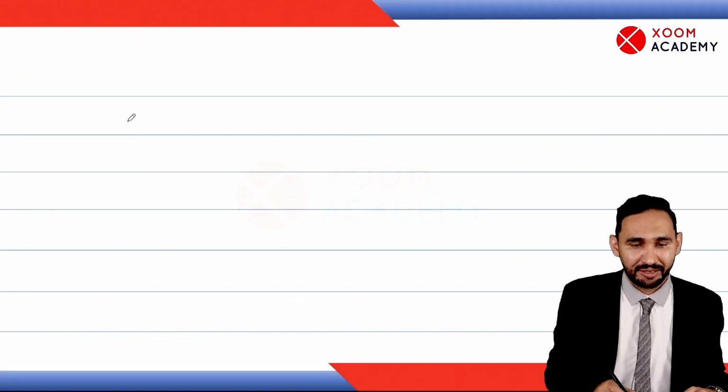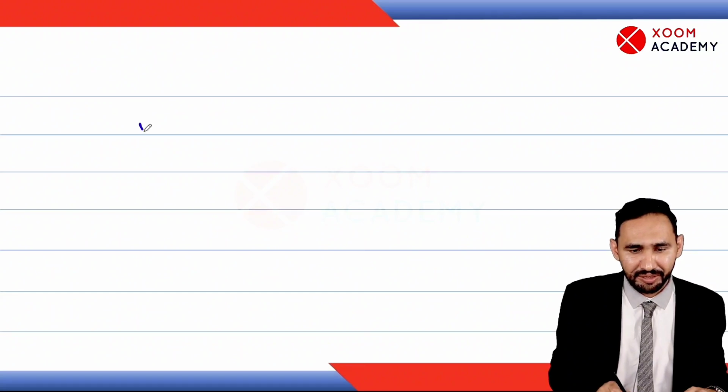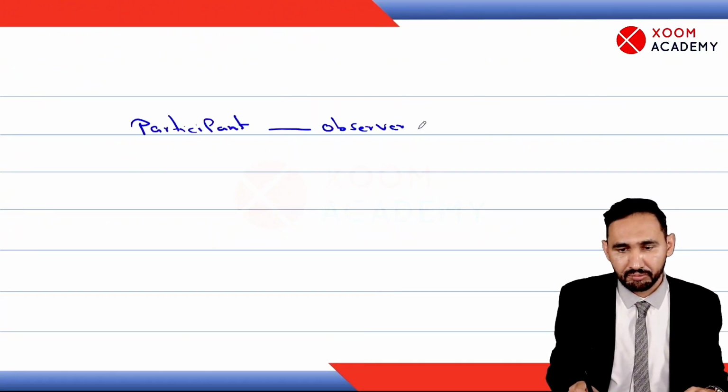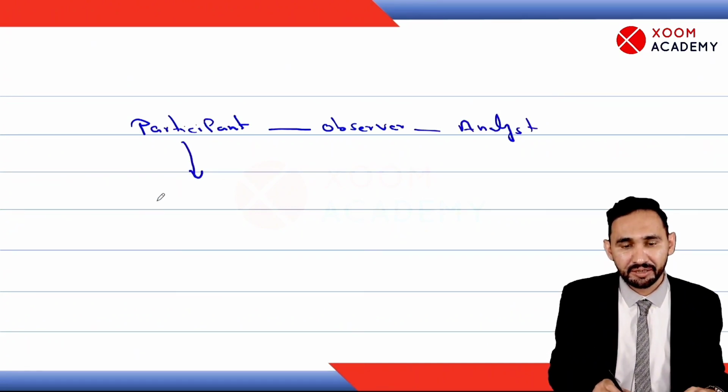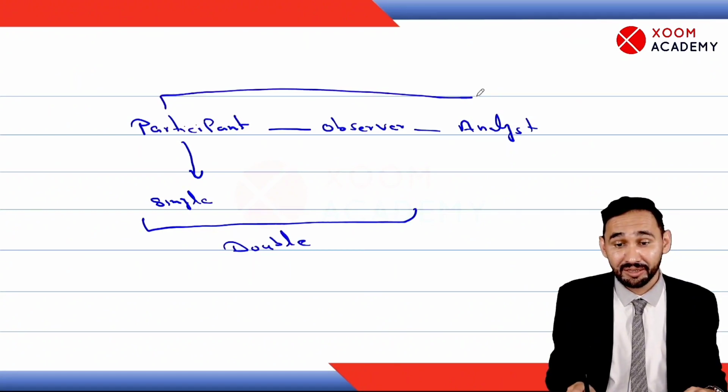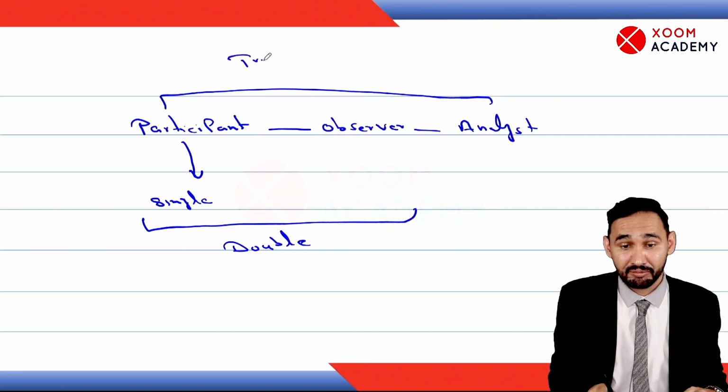Now we can say that there is participant, observer, analyst. Only the participant is blinded, single blinding. When both participant and observer are blinded, double blinded. When all of them are blinded, this is triple blinding.